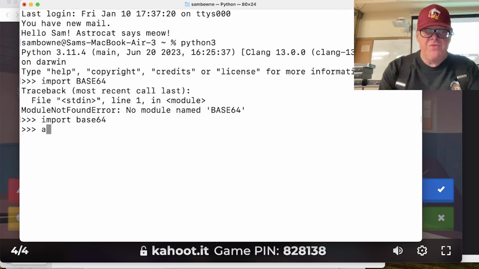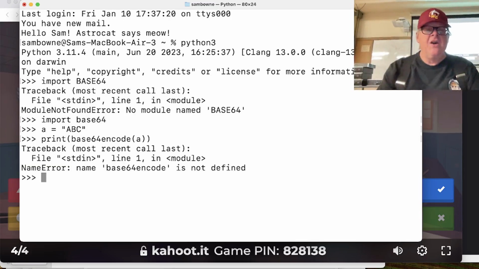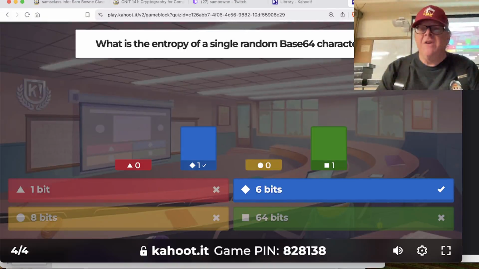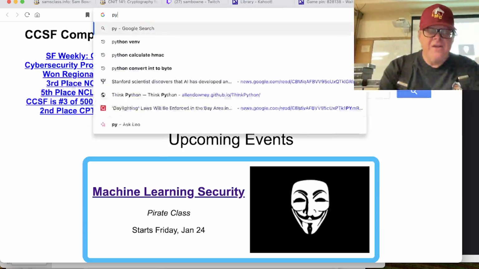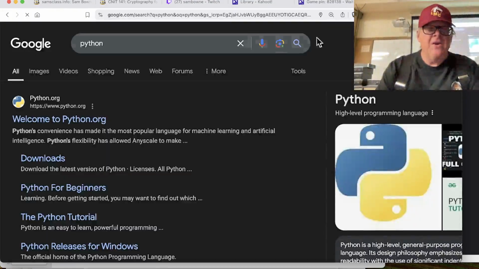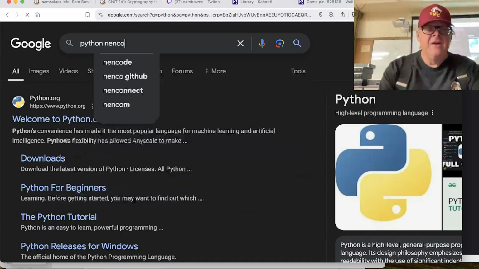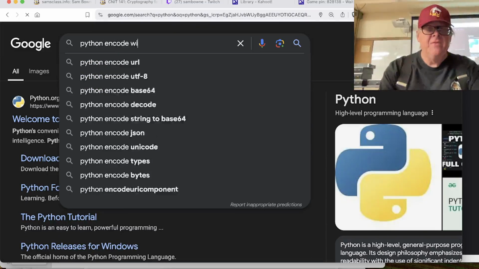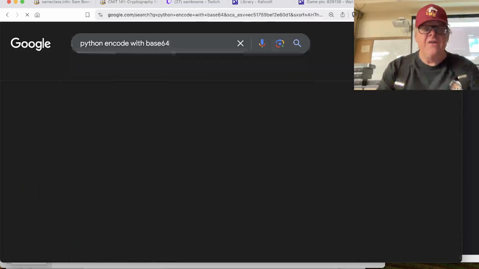Okay, if I have a string ABC, and I print base64 encode. I think it's this. I might have to Google the right answer. I've forgotten how it is. Encode with base 64. I've done this a million times, but I forget.